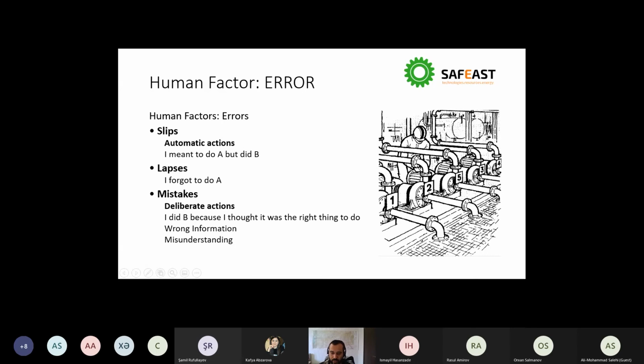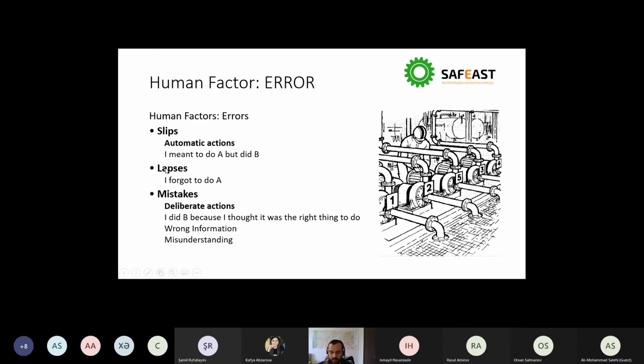Then their production rate increased and they added a fifth pump. Now you can see their pump numbering is 1, 2, 3, 4, 5 instead of 1, 2, 3, 4, 5. So a slip is an automatic action. You go to the third pump and you go to this fifth pump. You meant A, but you did B.